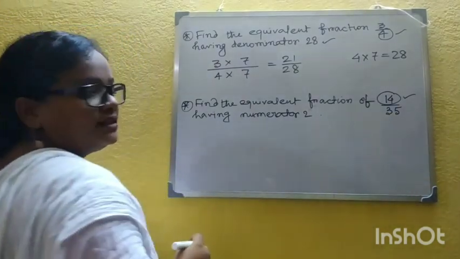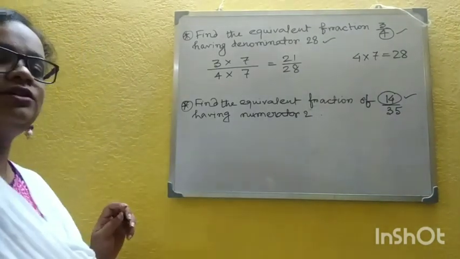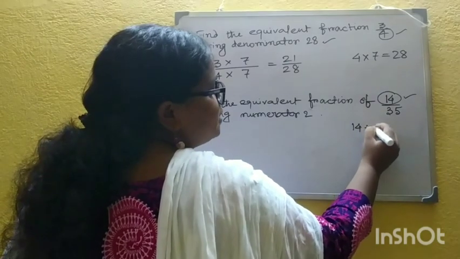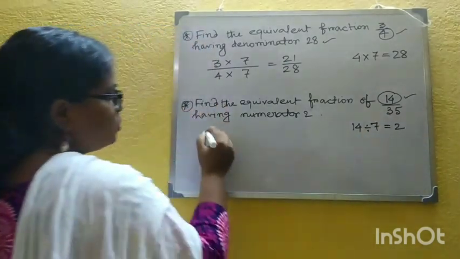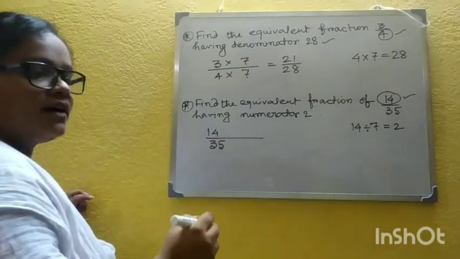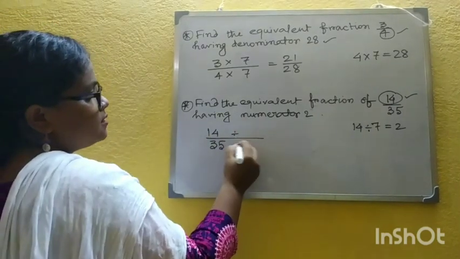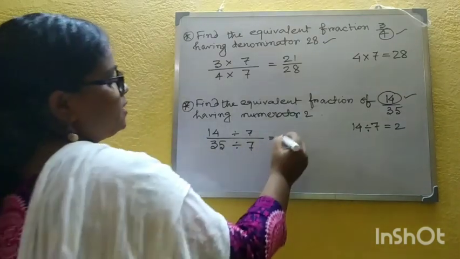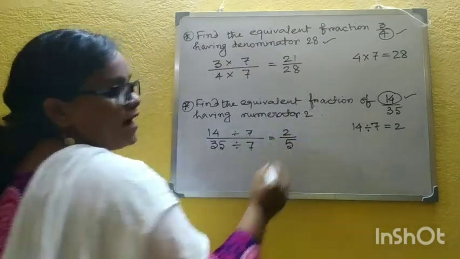As 14 is greater than 2, here we will have to divide. So we know 14 divided by 7 is 2. So here divide 14 and 35 by 7. So the answer will be 2 by 5.